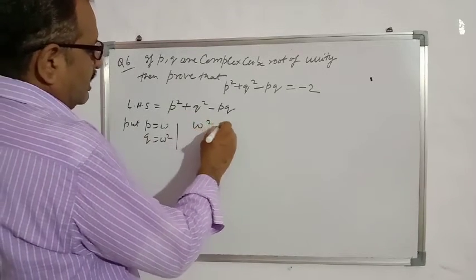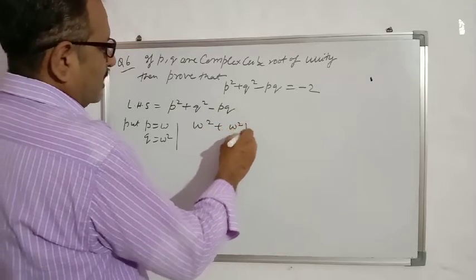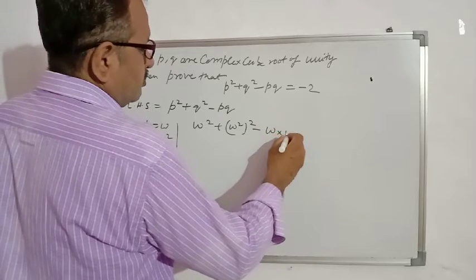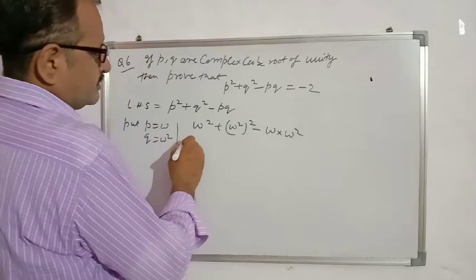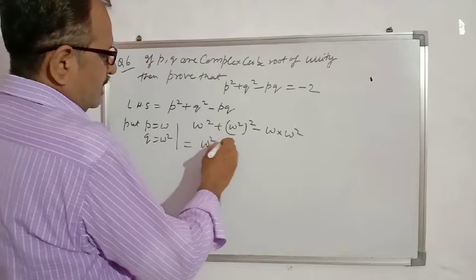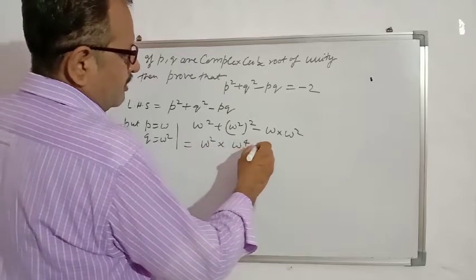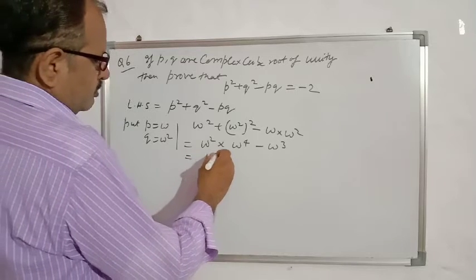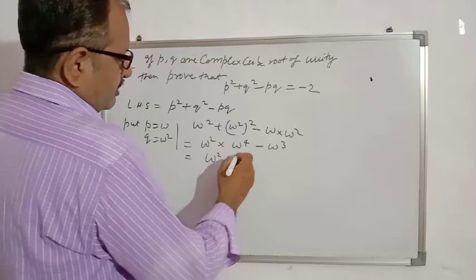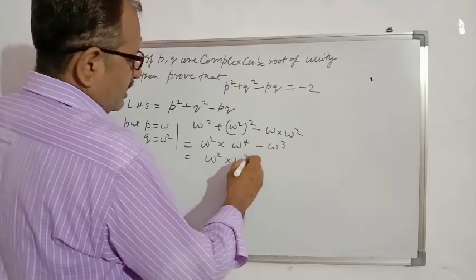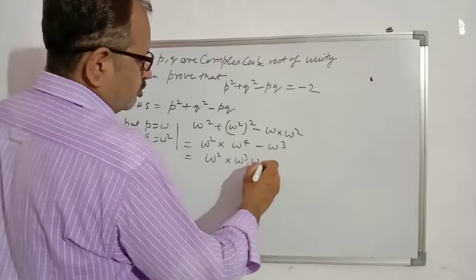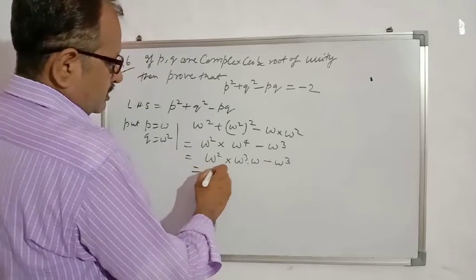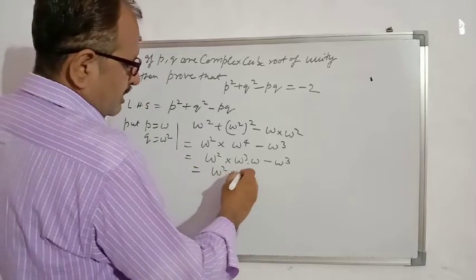Omega square whole square plus omega square whole square minus omega into omega square. Omega square whole square is omega to the power 4. This is omega cube.